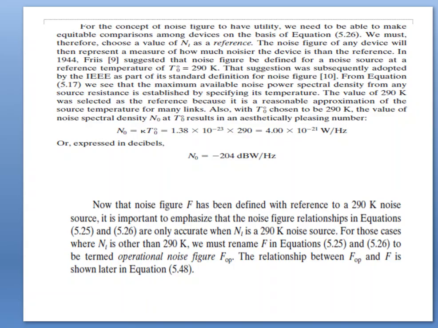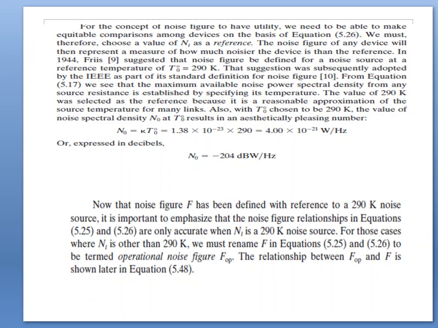That suggestion was subsequently adopted by the IEEE as part of the standard definition of noise figure. From the equation, we see that the maximum available noise power spectral density from any source resistance is established by its temperature. The value of 290 degrees Kelvin was selected as a reference because it is a reasonable approximation of the source temperature for many links.